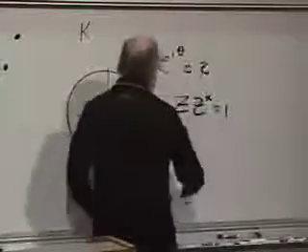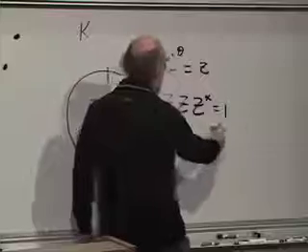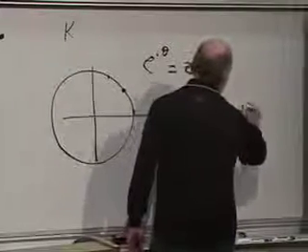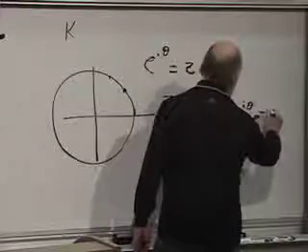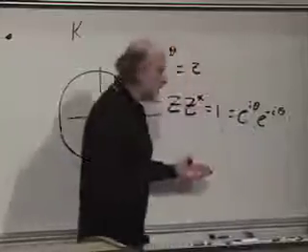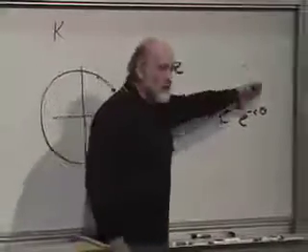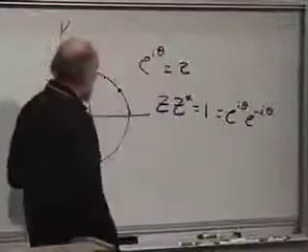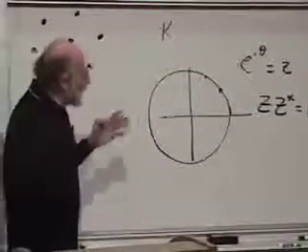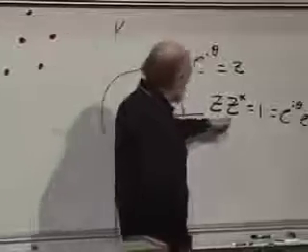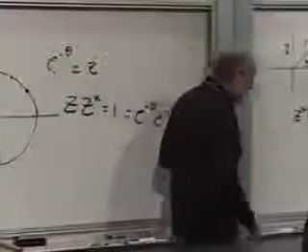Why is that? Because it's e to the i theta times e to the minus i theta. When you multiply complex numbers, you just add the phases, and e to the 0 is just 1. So this is a special class of numbers characterized by z times z star equal 1.